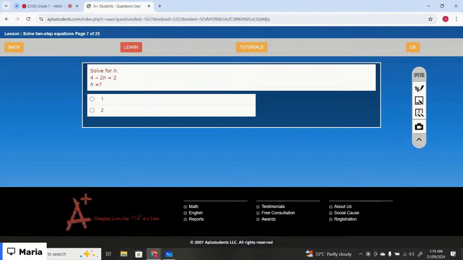That is h equals 1. Option number 1 is the correct option.